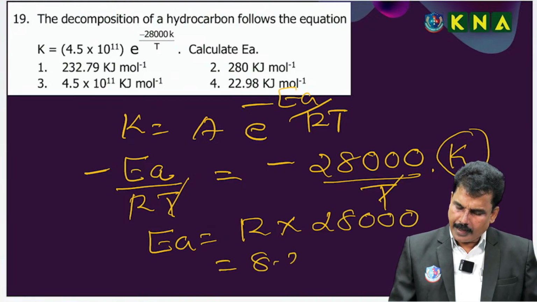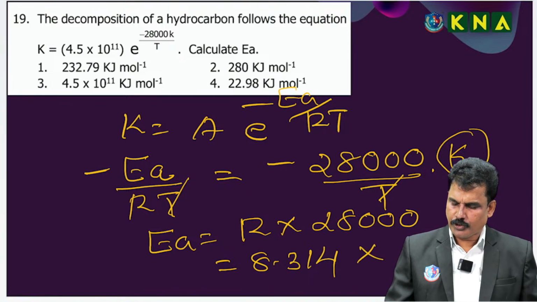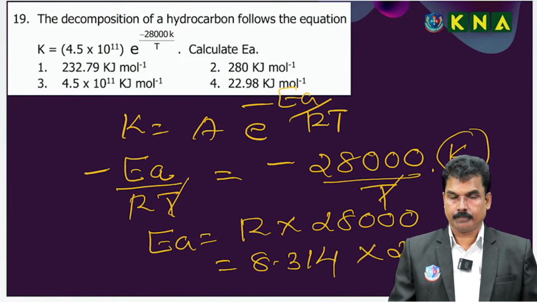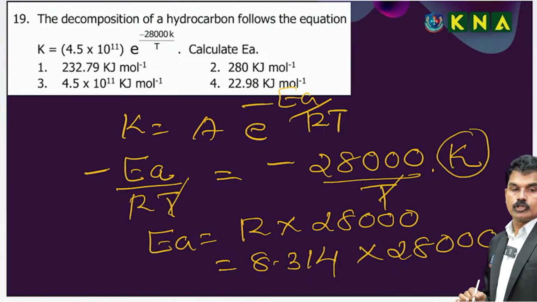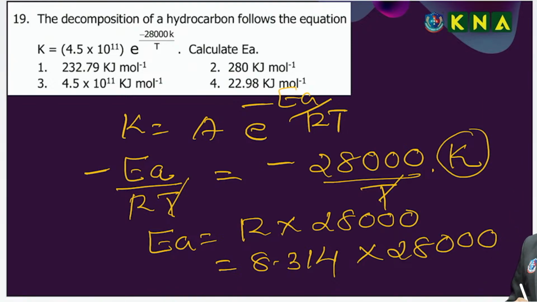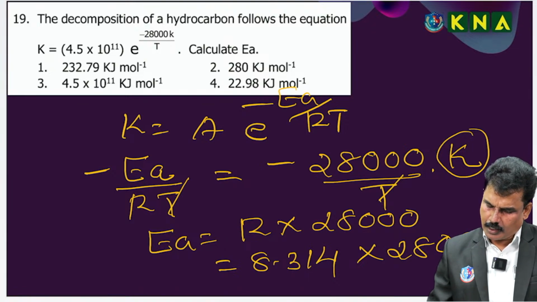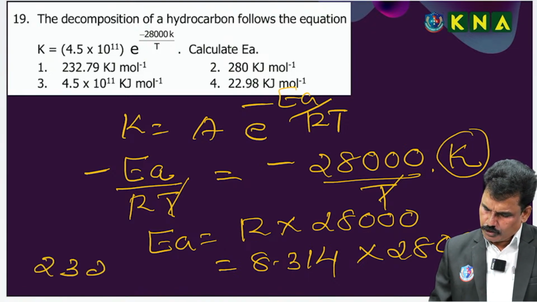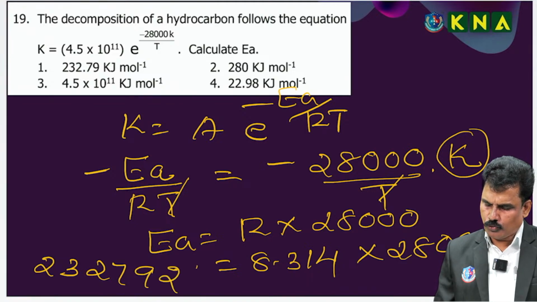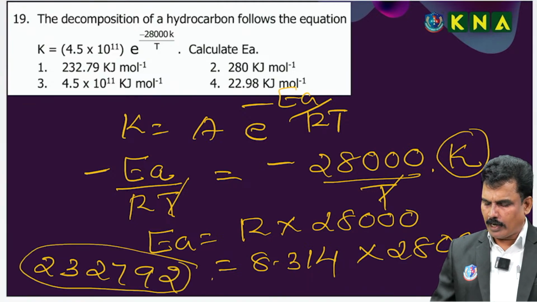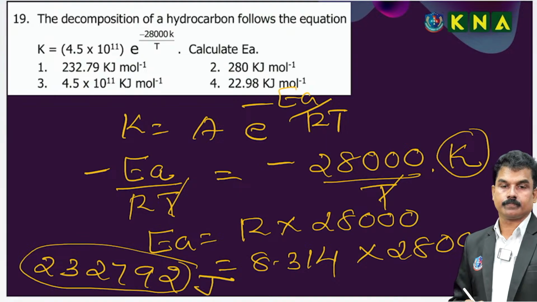R in joule 8.314 into 28,000. So you multiply 8.314 into 28. Okay, 8314 into 28. When you are multiplying, you are getting the answer 232792. That is the multiple. This value is in joule.